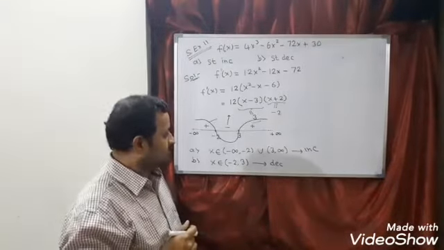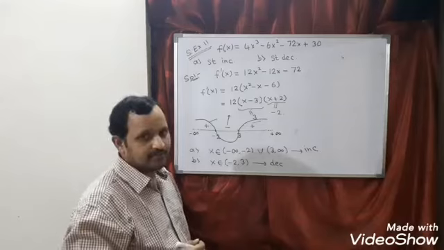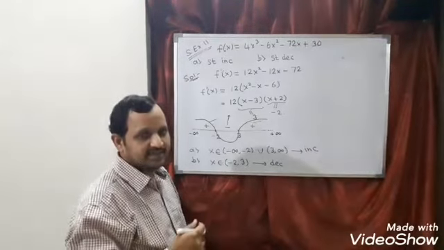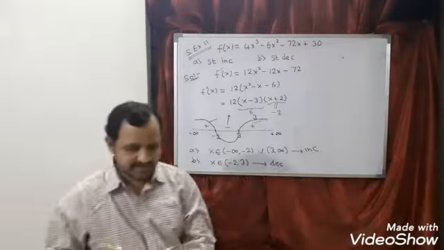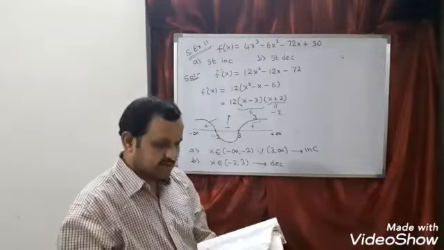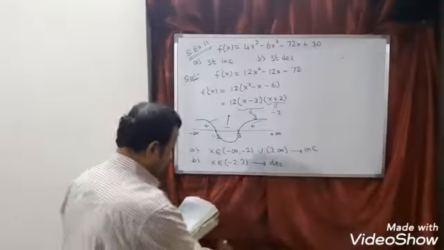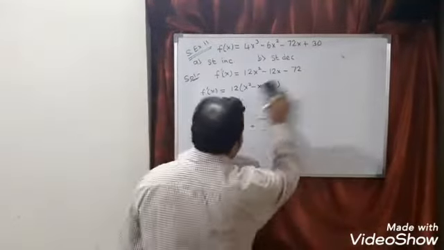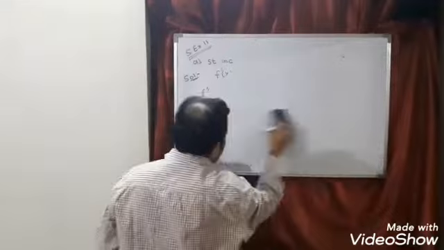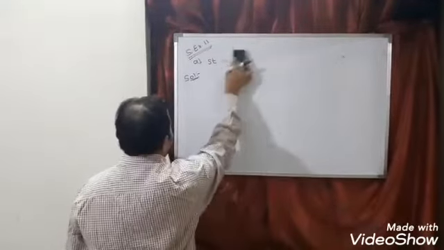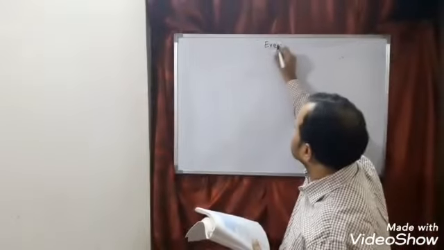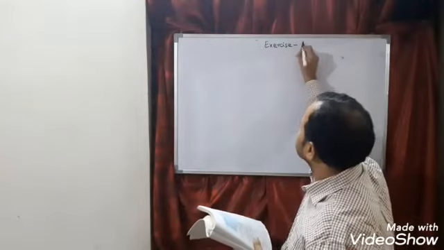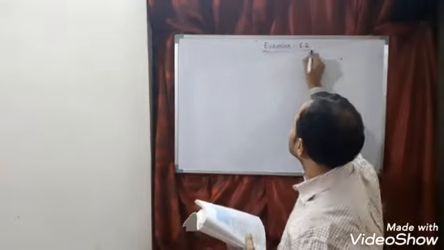Is it clear? Let us see some more examples on increasing and decreasing functions. Let us see the exercise problems. Now look here. This is exercise 6.2.